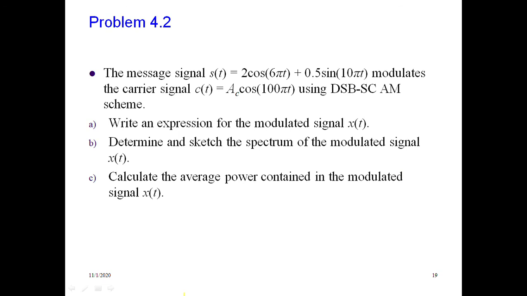Alright, so the second problem is again the same process, but right now it's an addition. The previous one was multiplying S(t) and C(t). So find the modulated signal, the spectrum, and also calculate the average power.